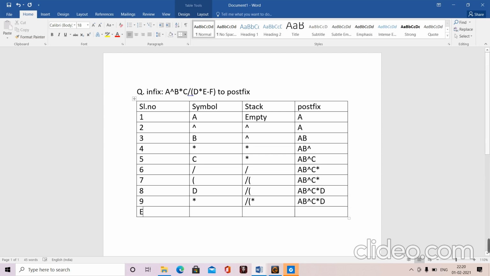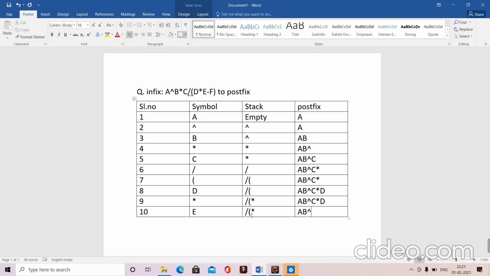Then in step number 10, we have the operand E that has arrived, so we just have to add this symbol to the postfix. The stack will remain the same.